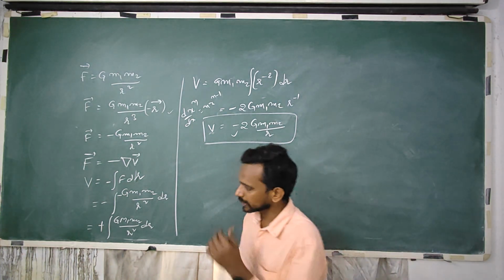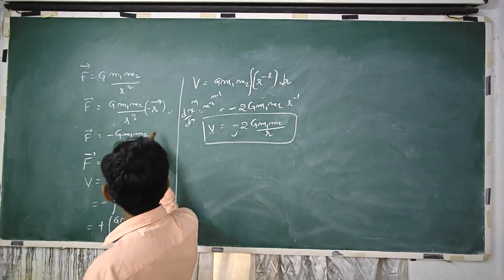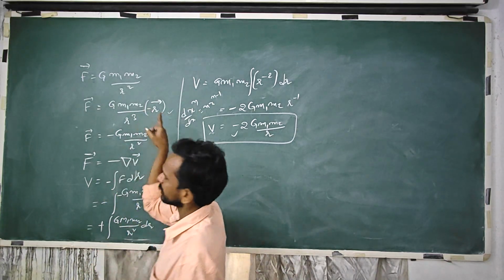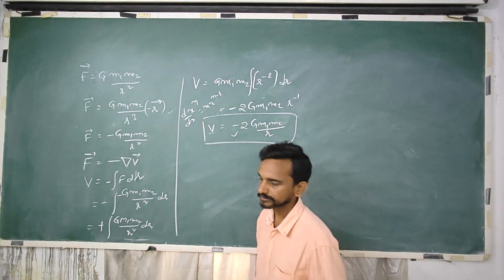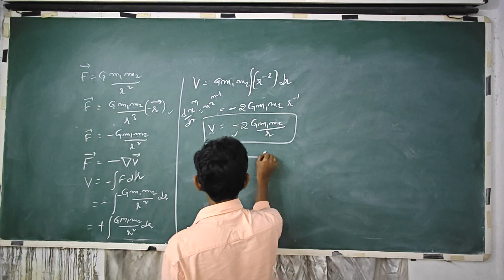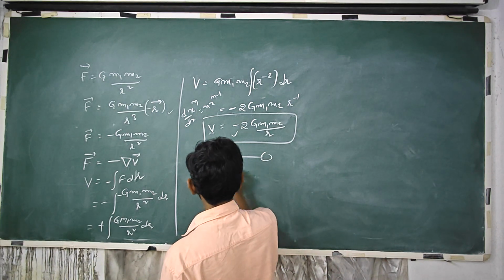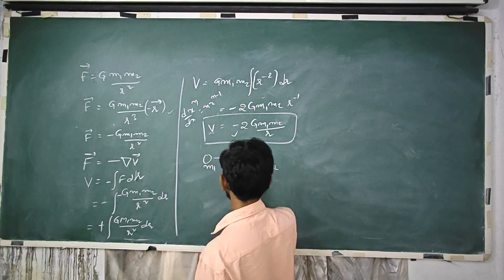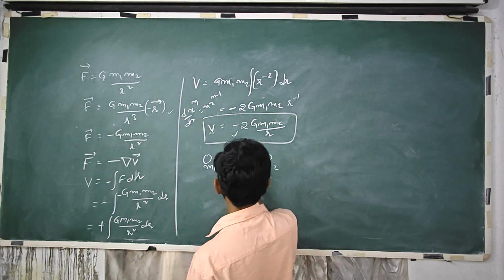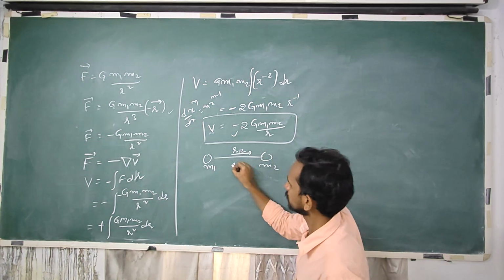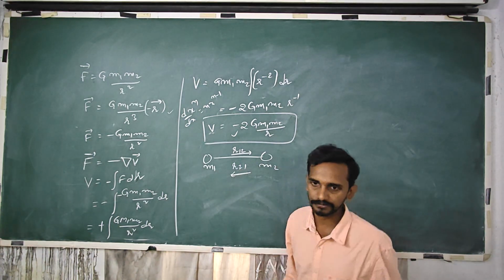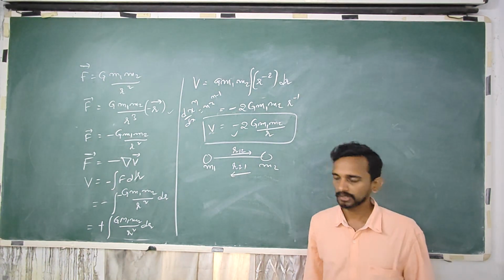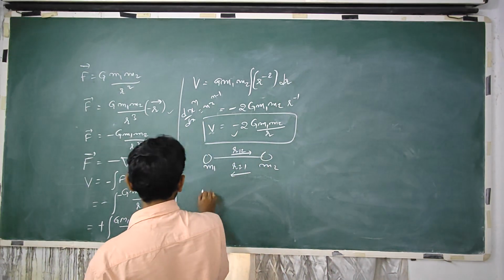Okay. So now what is the direction of force? You have to consider a radial vector and take a direction opposite to it. So let's say you have two objects, m1 and m2, separated by a distance r12. It is vice versa. r12 is measured from 1 to 2, r21 is measured from 2 to 1. So now what is the direction of force?